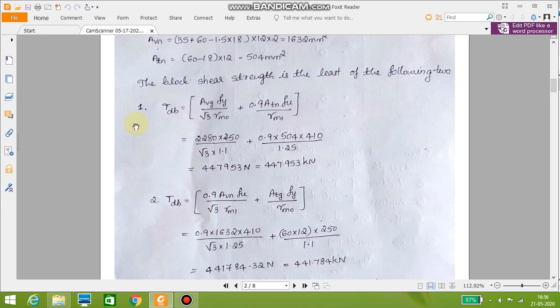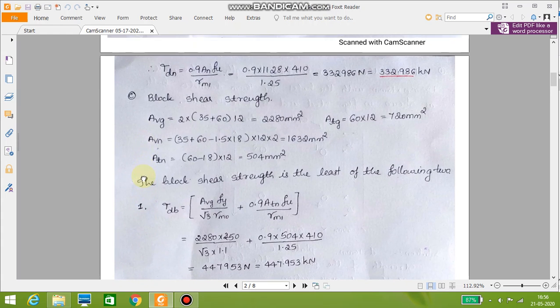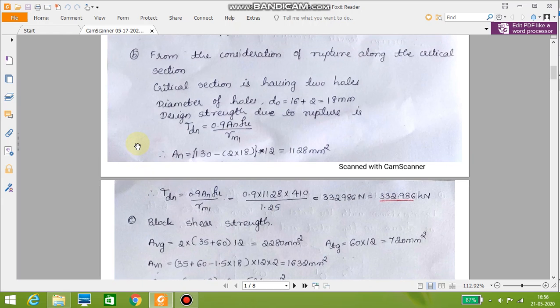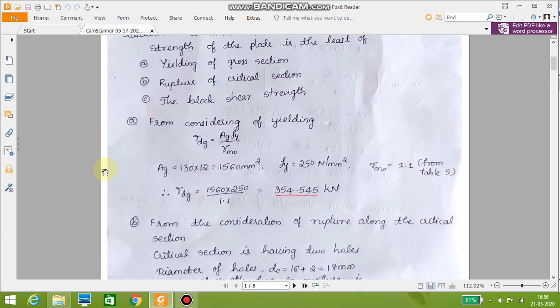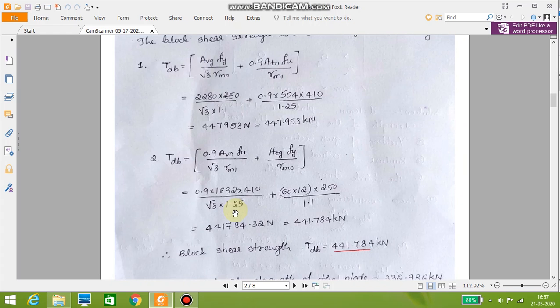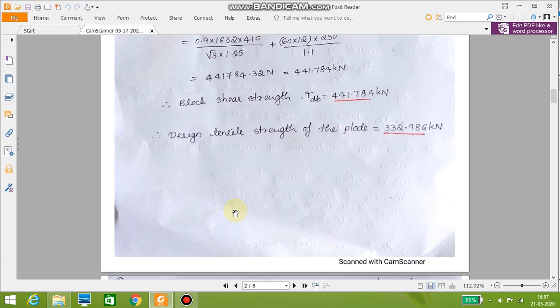So now totally four values I have. In block shear I have two values, TDB1 and TDB2. Then another value I have for rupture along the critical section, that is TDN. Then one more value from the yielding of gross section, that is TDG. Out of these values, the strength of the plate is the least of all the values.